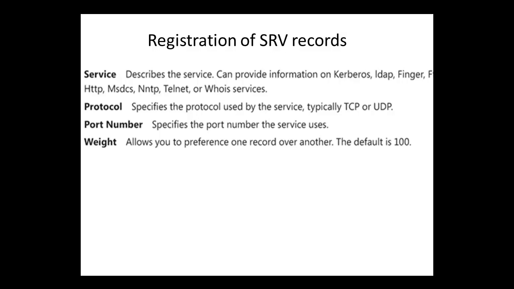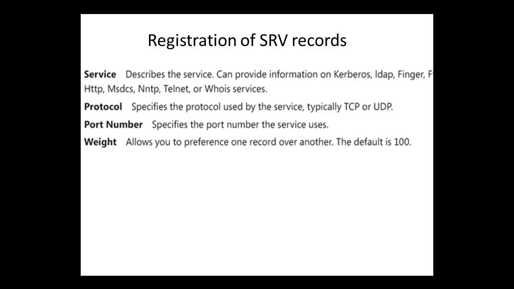Every domain controller in a Windows Server domain, whether it be a 2012 or 2012 R2 domain, has a separate Kerberos record and LDAP record. LDAP stands for Lightweight Directory Access Protocol.